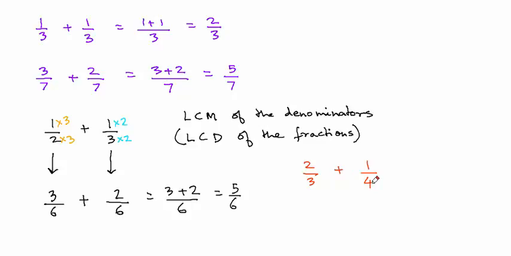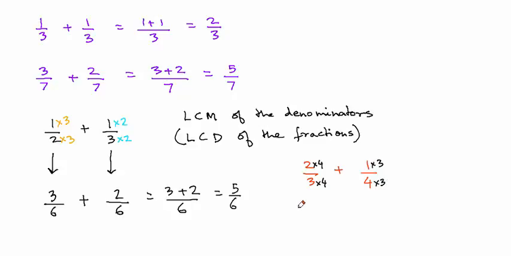In other words, 12 is the smallest number that both 3 and 4 can go into, and therefore you want to multiply this by 4 so that you have a 12 over here, and do the same on the numerator. And multiply 4 by 3 to get a 12, and multiply the numerator by 3 as well.